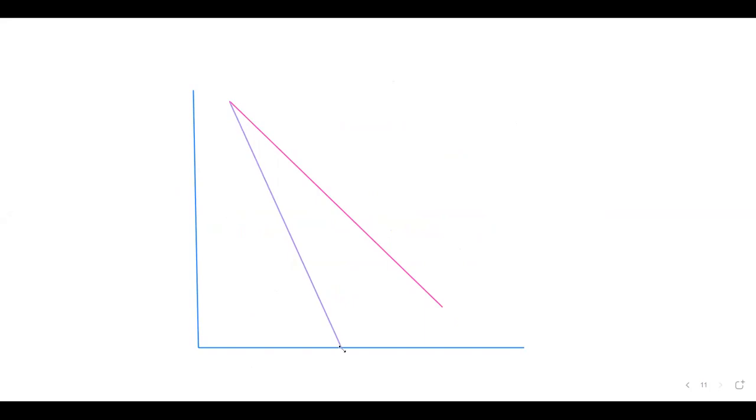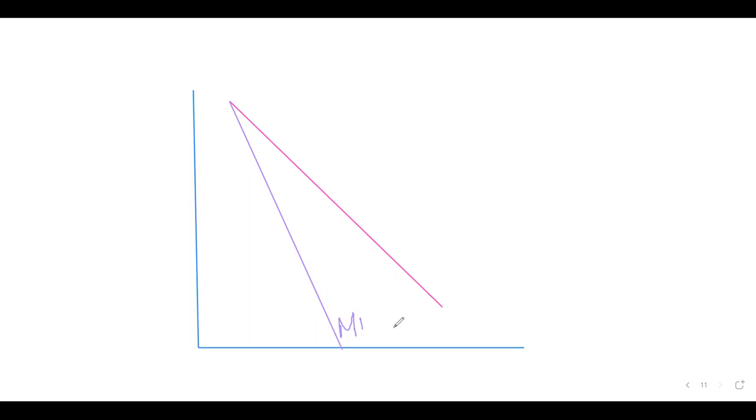So how do you make the graph for a monopoly? You make the demand curve that is steep like this, and to the left of that lies your marginal revenue. So when your marginal revenue touches the x-axis, that means each additional unit of the good is giving you 0 revenue.